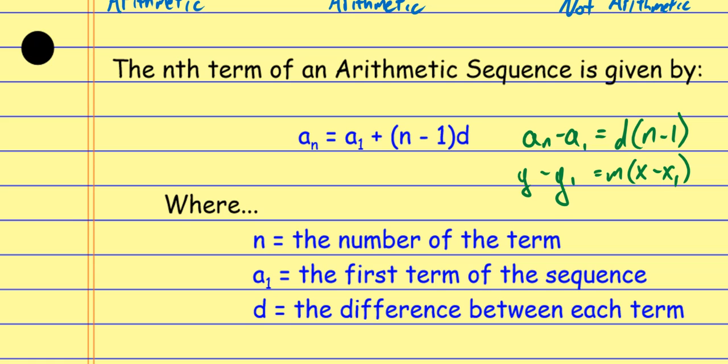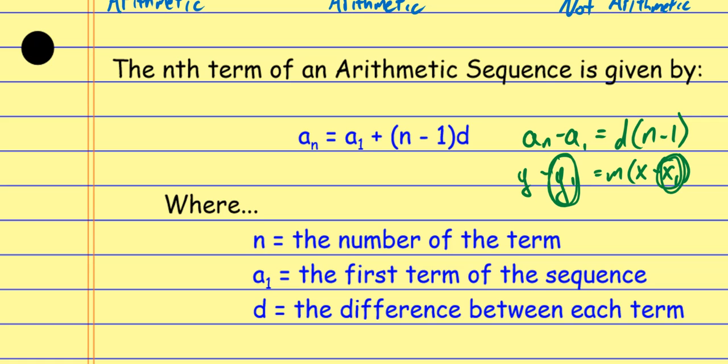When you look at the arithmetic sequence formula, it's really just point-slope form, except I'm locking myself into the first term, which means the first x value is always going to be a 1. And so I replaced that first x value with a 1. And then the first y value is whatever I get when I plug that 1 back in. And so that's the idea here.